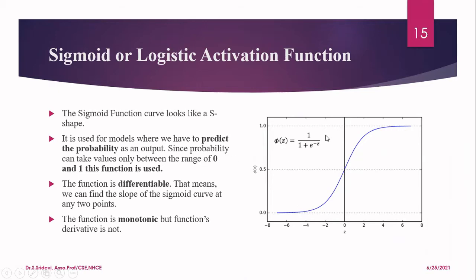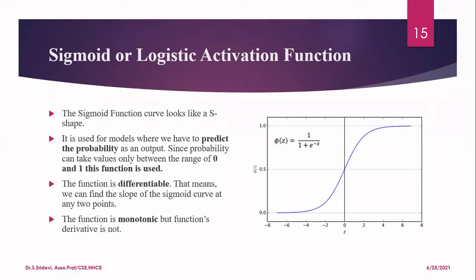And the advantage of the sigmoid function is that its output ranges from 0 to +1. You can see here the output is 0, and here the output is 1. In between, you are getting different values, which range from 0 to 1. So whenever you want to associate a probability with the prediction output, you can go for the sigmoid function.